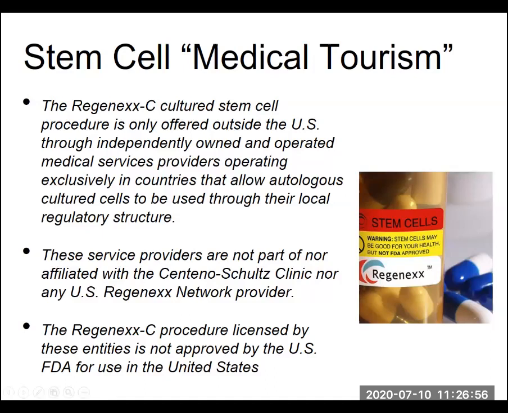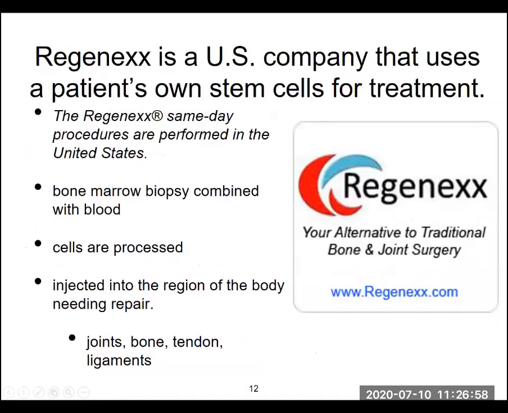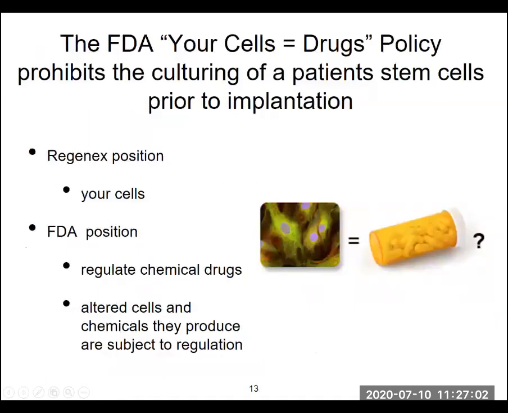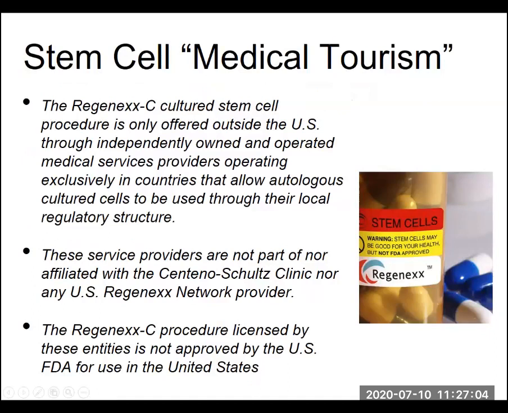Regenex, that company from two slides ago, that US company using the patient's own stem cells for same-day procedures, has an offshore branch. Regenex-C is located outside of the United States through independently owned and operated medical service providers in locations that allow these cultured cells, so autologous still, taking the cells from the patient, growing them for a period of time, and then putting them back in.